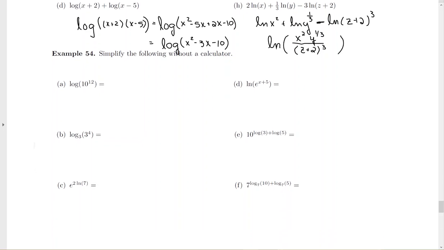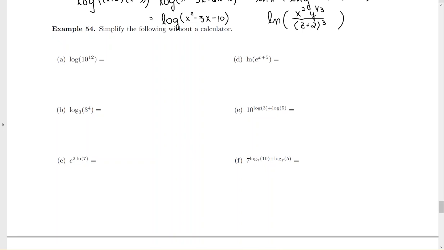The last ones in this example on this page go back to some properties that we talked about earlier. You might want to recall these. We had log base a of a to the x was just x. We said if the bases were the same, they sort of cancel each other out.